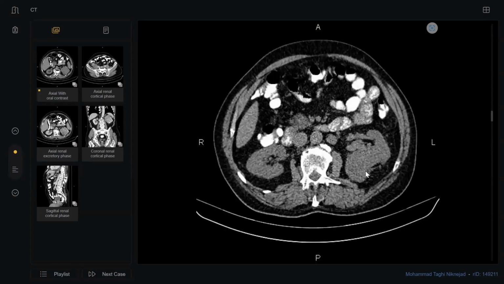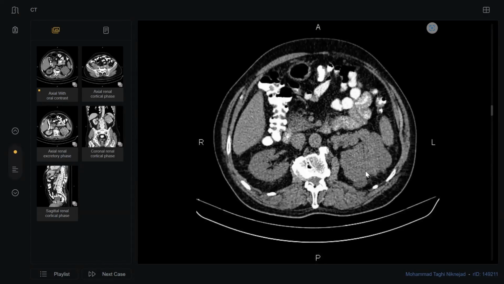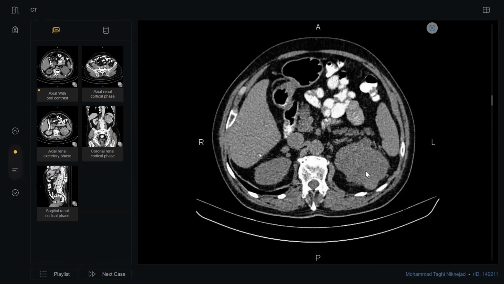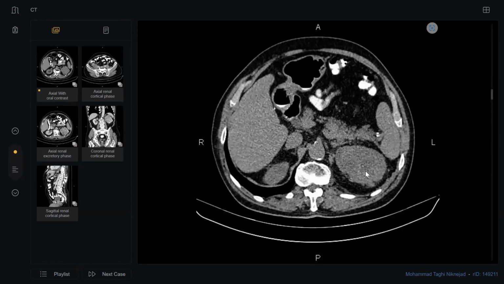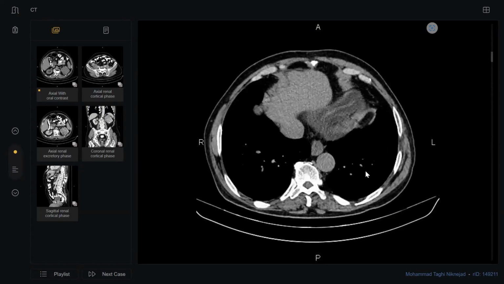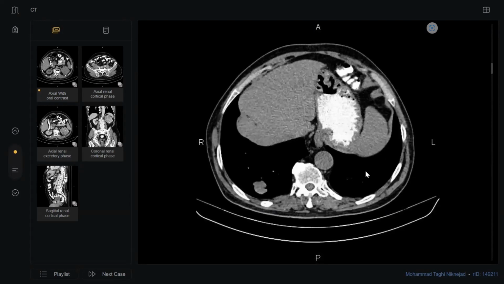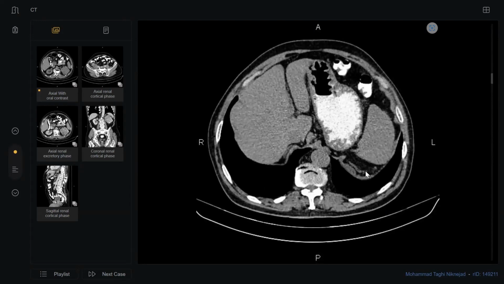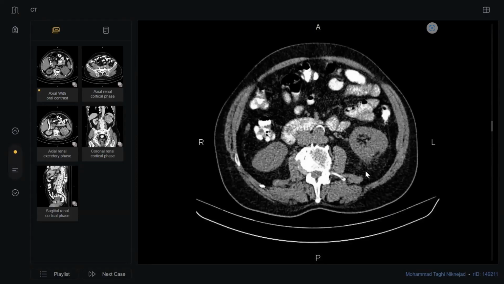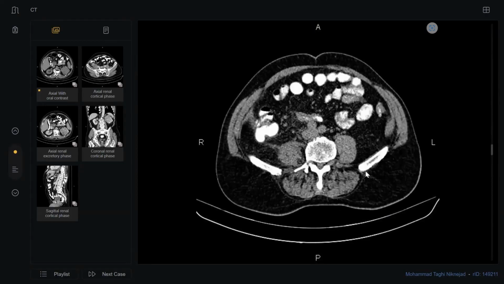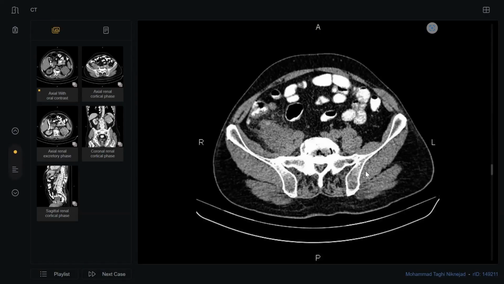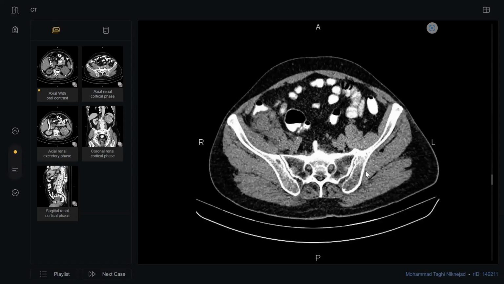There are a few exophytic lesions involving the left upper pole of the kidney, multiple isodense lesions, and it is causing a bulky left kidney. And there is another isodense nodule seen in the right lung base. There's some fat stranding along the right psoas major muscle.